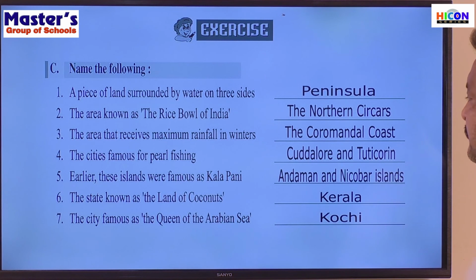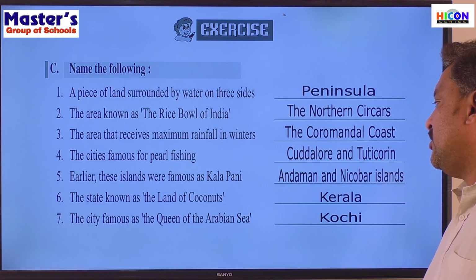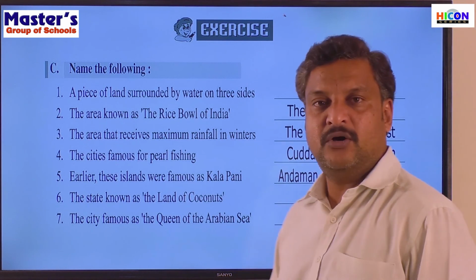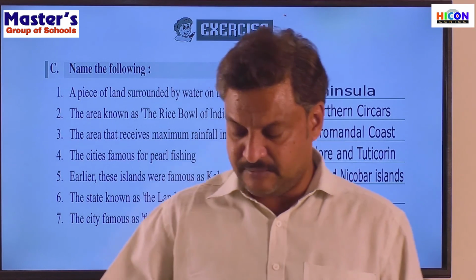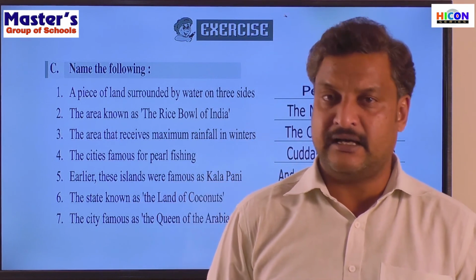Earlier, these islands were famous as Kalapani, the Andaman and Nicobar Islands. The state known as the land of coconuts is Kerala. And the city famous as the Queen of the Arabian Sea is Kochi. Right? So now, I will keep the screen the same for another minute so that you can have a look at both the sentences and the answers.